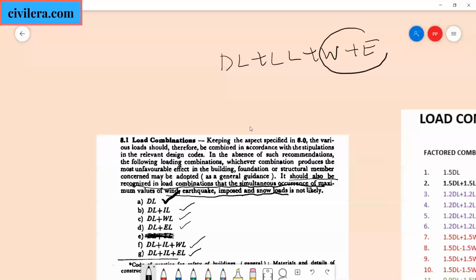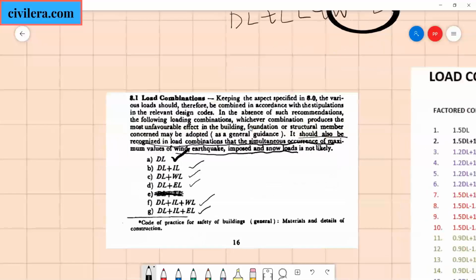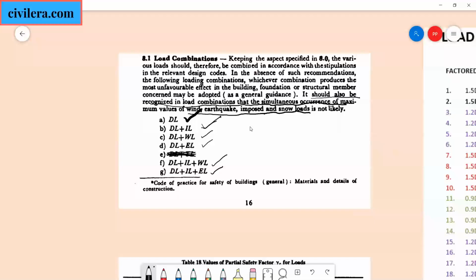These two together are not needed is what that clause is saying. That is why we are seeing dead load plus live load, dead load plus wind load, dead load plus earthquake. You don't see dead load plus earthquake plus wind. That's because these two criticalities are not going to come at the same time as our consideration, because the code tells you to do that.